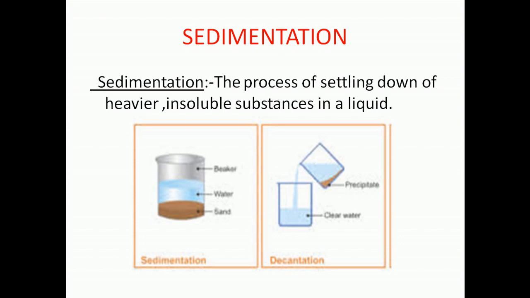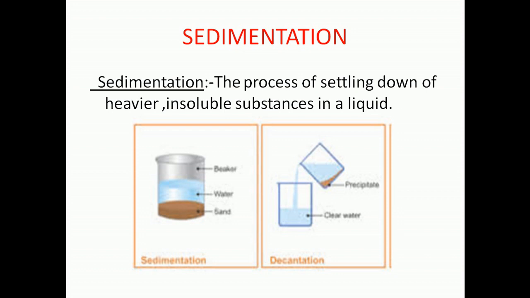In this method, the mixture is allowed to stand undisturbed in a container. After some time, the insoluble substances such as mud settle down at the bottom of the container as sediments. This process is called sedimentation. Clean water can then be poured out into a separate container.